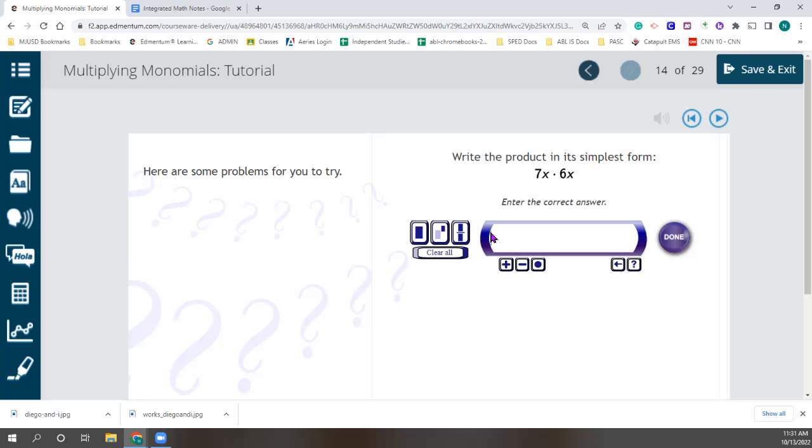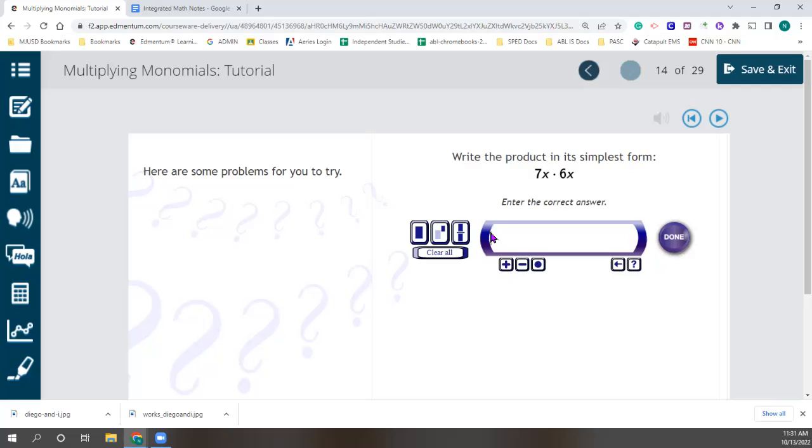So 7x times 6x equals 7 times 6 times x times x. Then 7 times 6 is what? 7 times 6 is a little more than 36, 42.